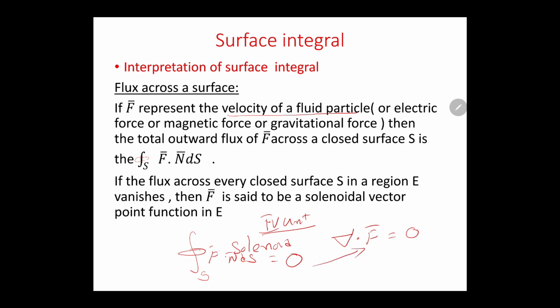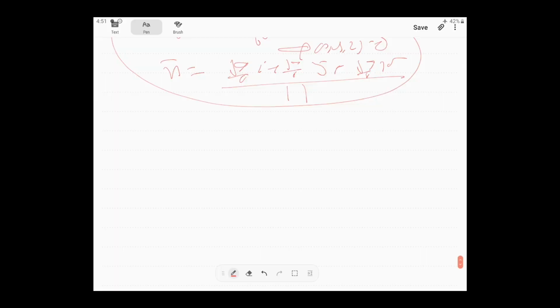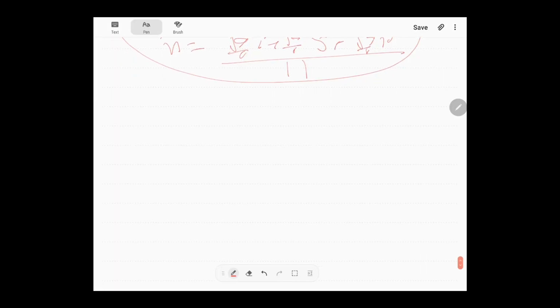That means there should be some link between the integral over S of f bar dot n bar ds and del dot f bar equal to 0. You will learn that link in the coming lectures. There is a theorem called the divergence theorem that gives that information.